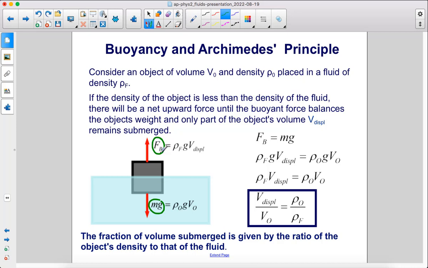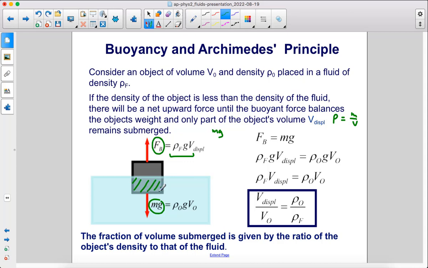Now remember, the buoyant force is going to be the weight of the displaced fluid. And so the weight of the fluid is mg. But remember, because density is mass over volume, you can replace m with rho v. So that's how we get this equation here, for rho, the density of the fluid, times g times the volume of displaced fluid.